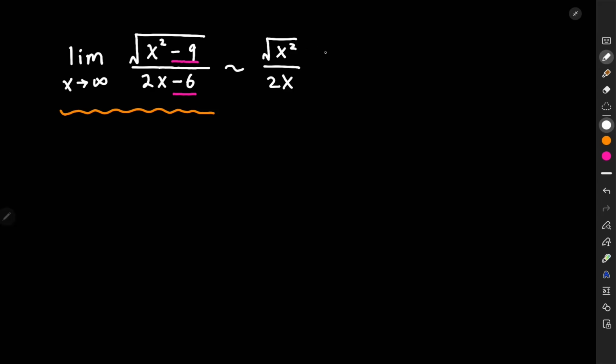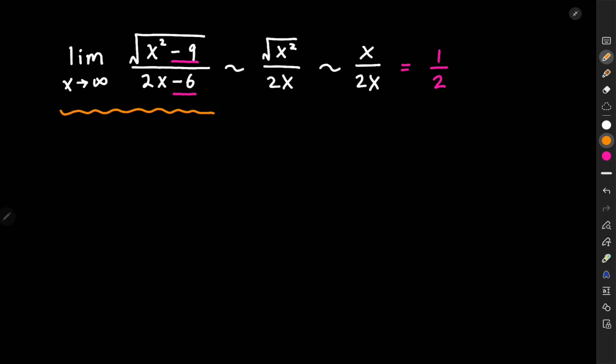And the square root of x squared also gives us x, so we have x over 2x. If x is any real number, then the result will be 1/2. Does that still apply here as x goes to infinity? The answer is yes.